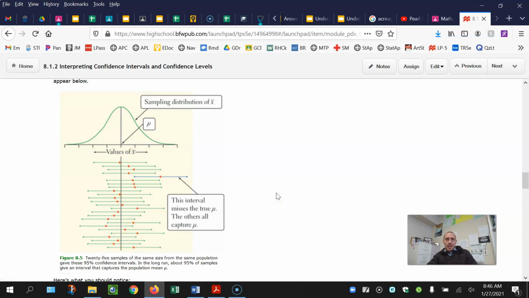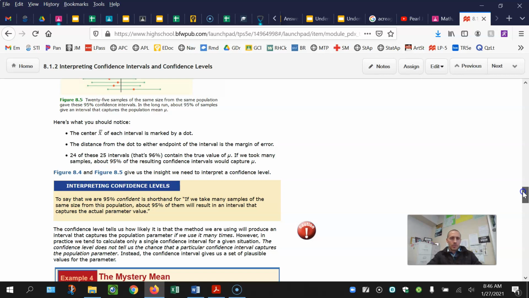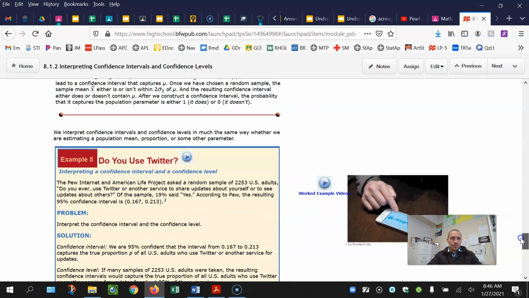So if we have 95% confidence, about 95% of those samples create intervals that capture the parameter. That's what that means. If we take many, many random samples of the same size, about 95% of those will capture the true proportion or true mean. So that's what's going on there when you're interpreting the confidence level.